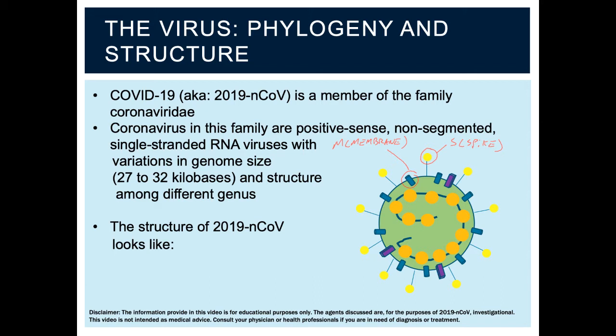Next, we have the envelope protein, or the E protein. Another key component is what's known as the nucleocapsid protein, and these are proteins that coat the single-stranded RNA. And then finally, we have the single-stranded RNA, or the genomic RNA, shown here.